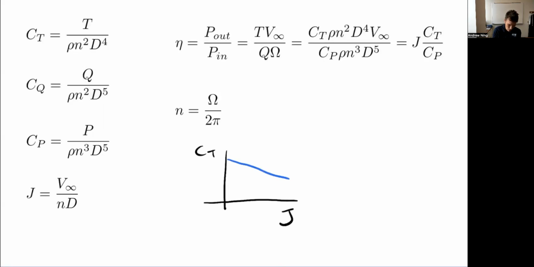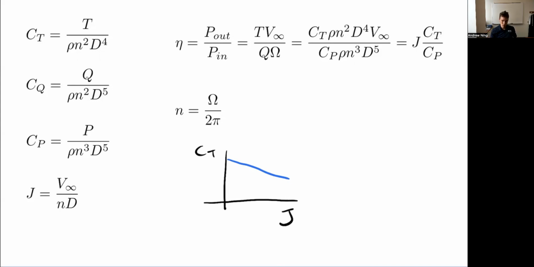This is not omega r, right? That would be what it is in the wind turbine and helicopter community. Actually, in the wind turbine community, it's omega r over v. But anyway, omega r is not quite n over d, right? To get that, I would have to divide this by 2 pi, multiply by 2, right? They differ by a factor of pi, but basically it's this ratio of forward to rotation speed.